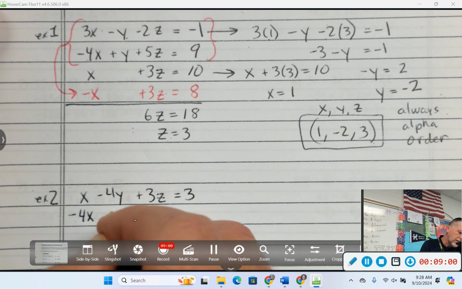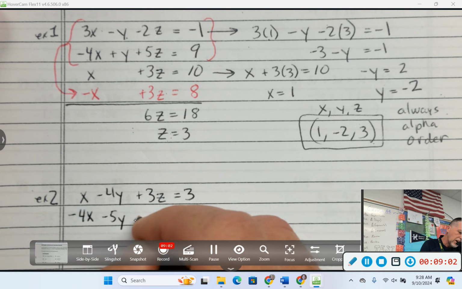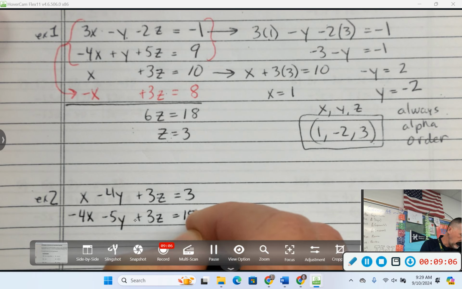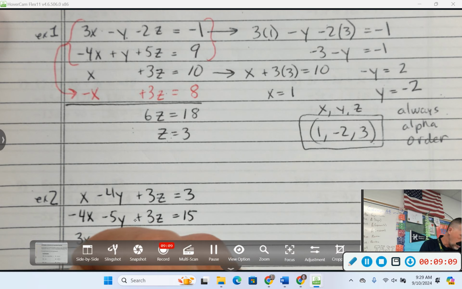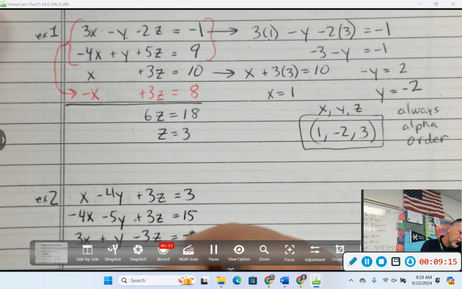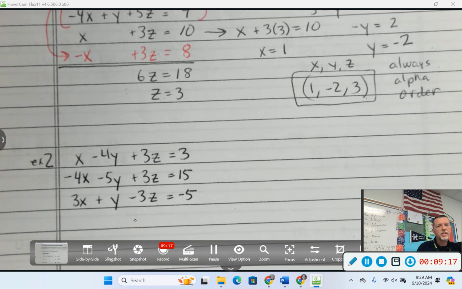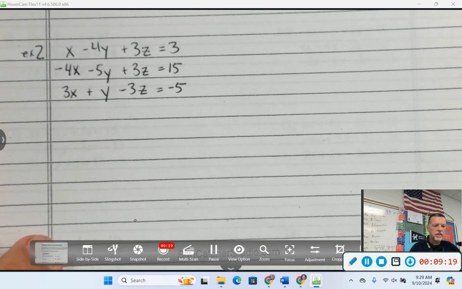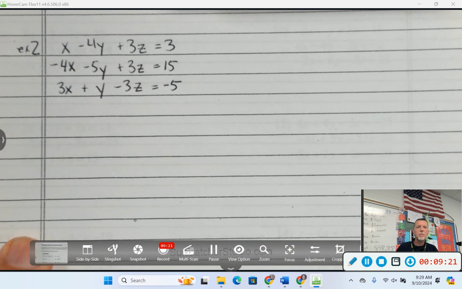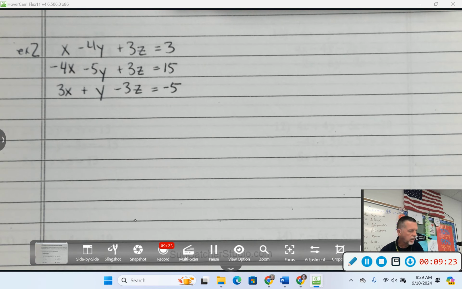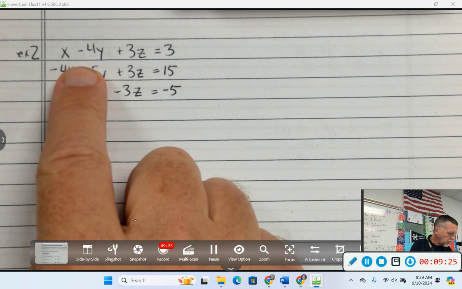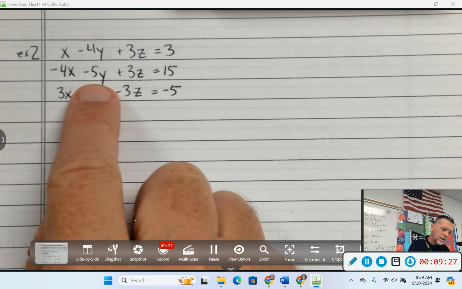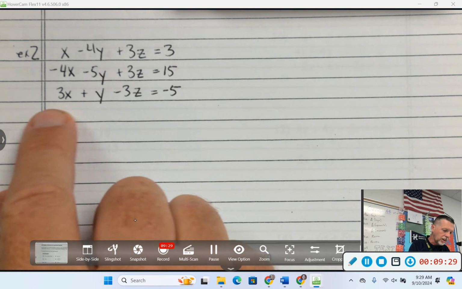Negative 4x minus 5y plus 3z equals 15. 3x plus y minus 3z equals negative 5. Give you a second to copy that down. Double check, right? If you write something down wrong, then instead of getting nice answers, you're going to get crazy answers.